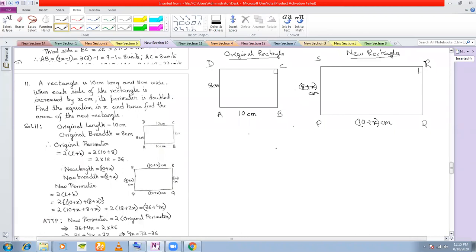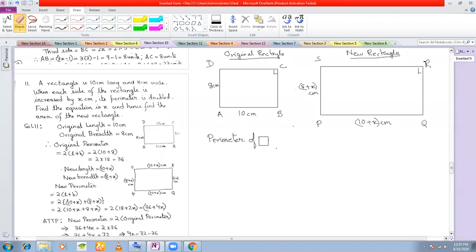Now what happens when I increase? The perimeter is doubled. That means the perimeter of this rectangle is double the perimeter of this rectangle, isn't it? So therefore, I proceed to find out the perimeter of the two rectangles. So I write perimeter of the original rectangle.